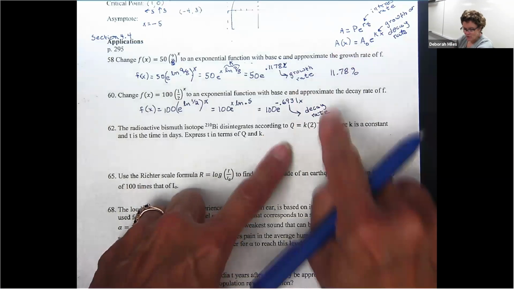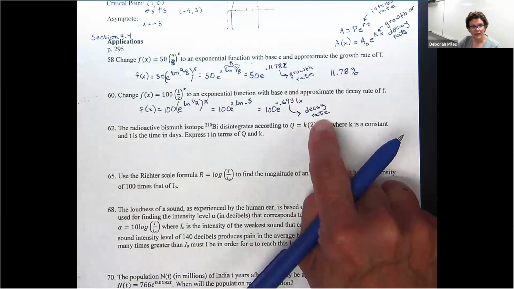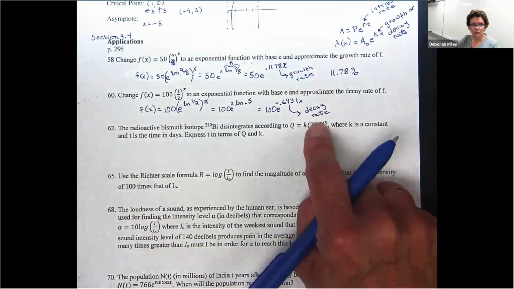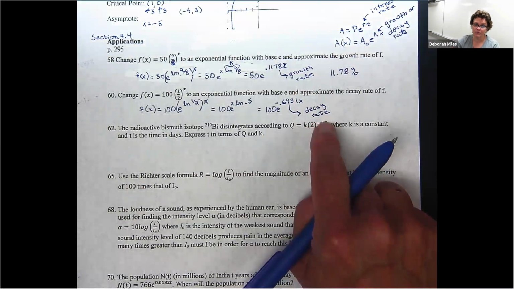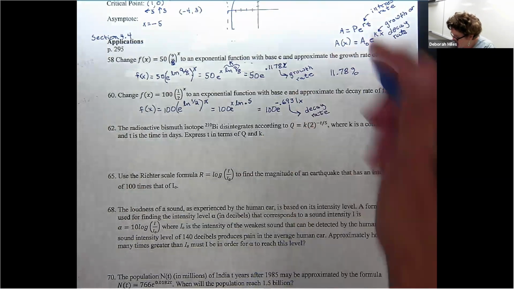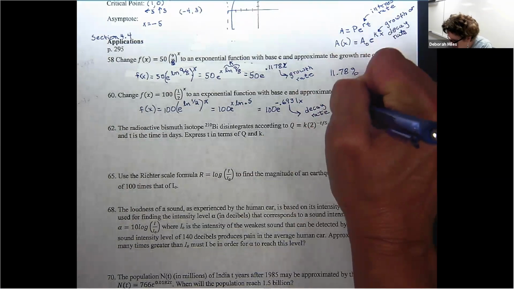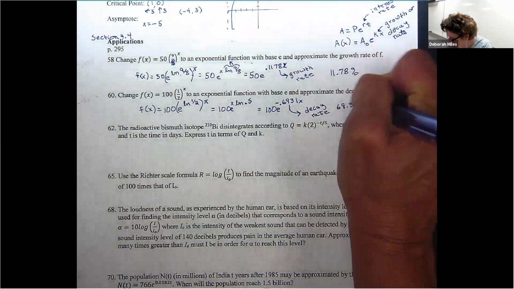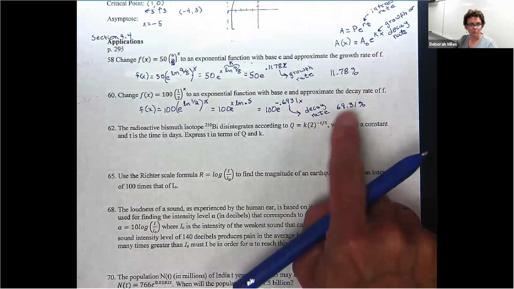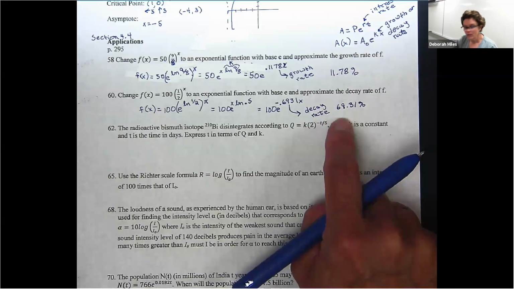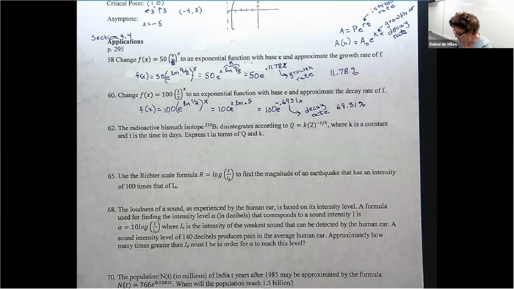Now, actually, if you ask me for a decay rate, I probably wouldn't say the decay rate is negative because the word decay already took care of the negative. I would just say the decay rate is 69.31% per whatever the units of time are for this problem. All right, those are pretty much the same.